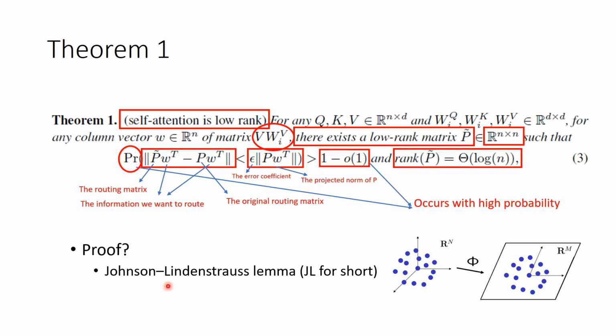JL routes the information using this projection matrix, but the distance between the data will be almost preserved. That means the information will not be too distorted if we use a good projection matrix. And this is what they actually claim.